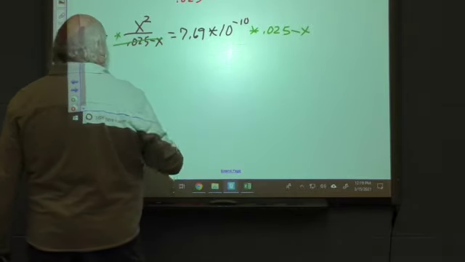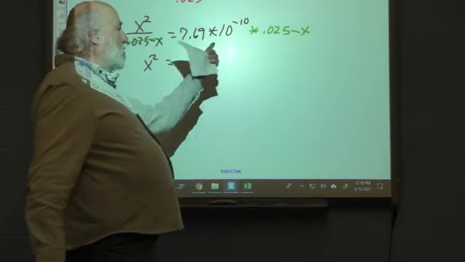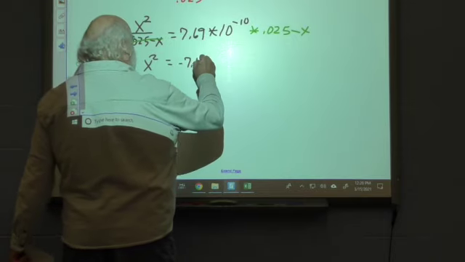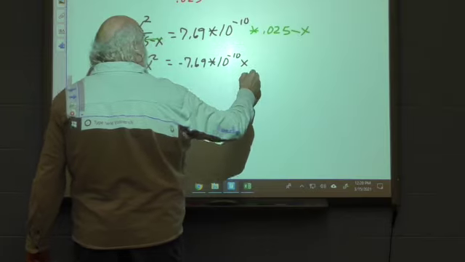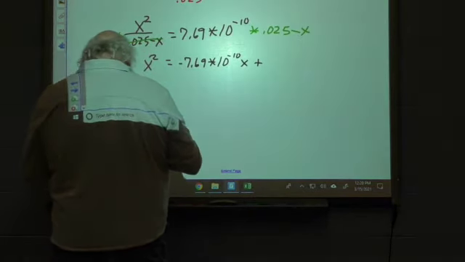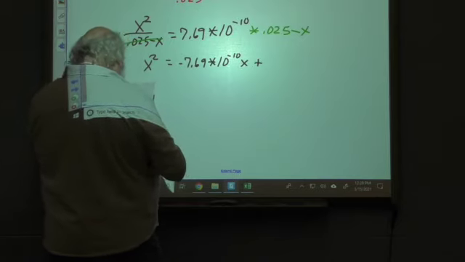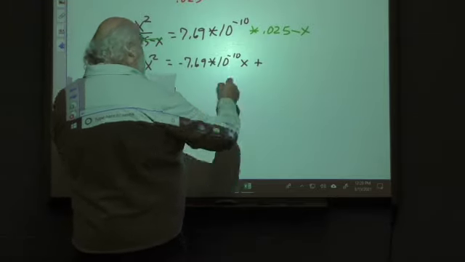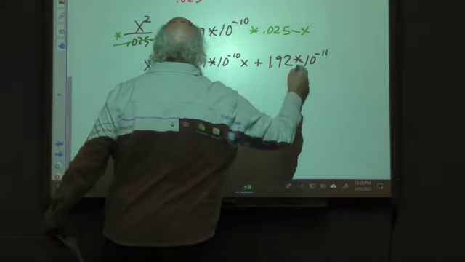And that gives us X squared equals, and I'm going to rearrange this so that the X term is first and the non-X term is last. So that's going to be negative 7.69 times 10 to the negative 10 X plus, because that's positive, and when I multiply this out, I got 1.92 times 10 to the negative 11th.